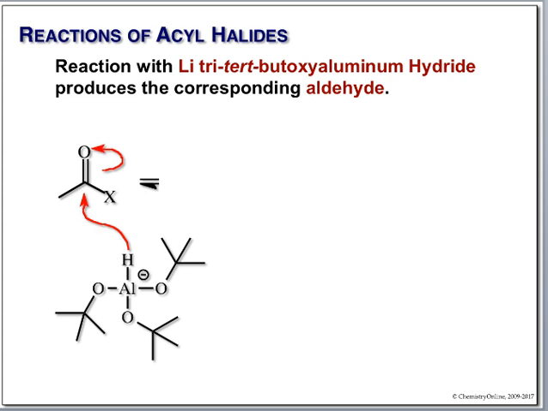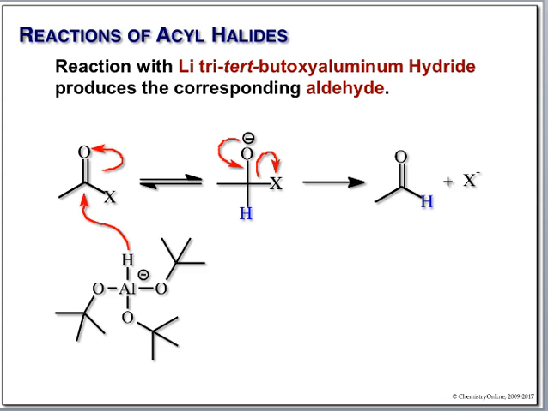When we do that, we get this intermediate, but the anion is stuck up here. So nothing else happens. It's just too big, too ugly, blocks everything from happening. When you dump it in water, this collapses, X leaves, and by George, you make the aldehyde.